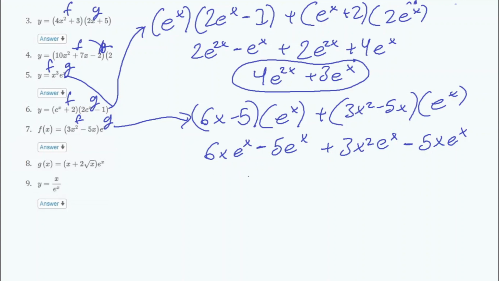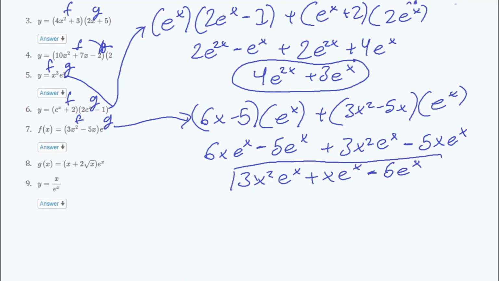We do have two like terms, so if we combine everything, we're going to have 3x squared e^x, plus x e^x, and minus 5e^x, and that is going to be our final answer. What you could also do is factor out the e to the power of x and get a polynomial in the parentheses, but you really don't have to do that.